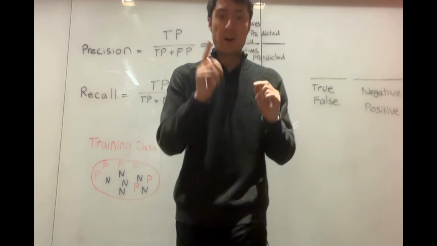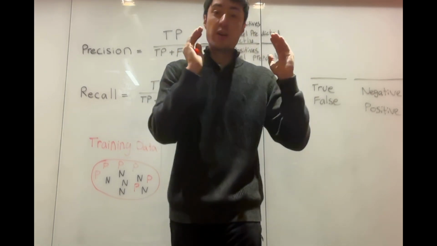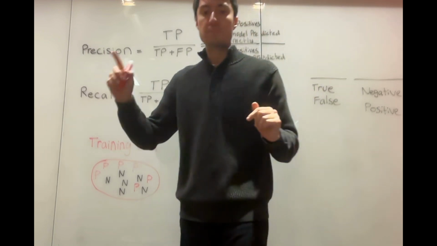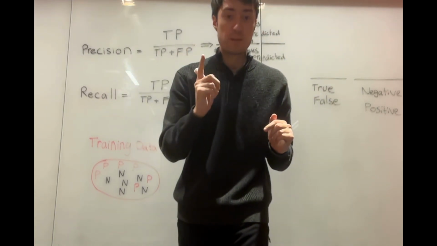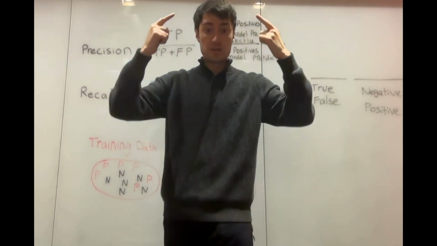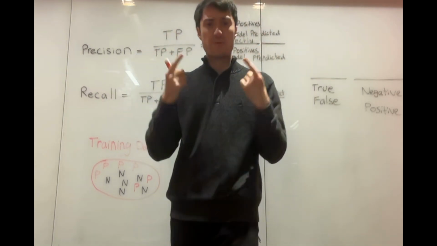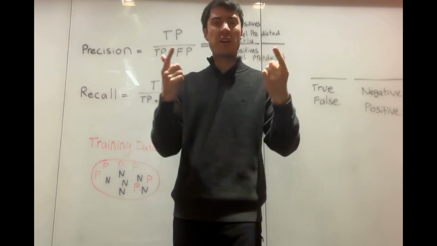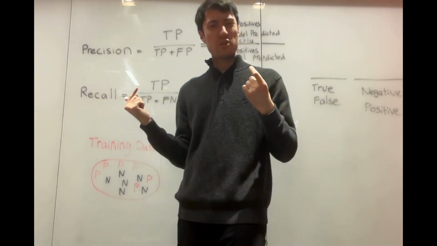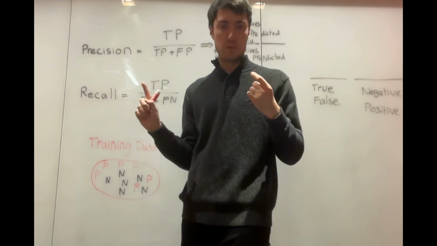Precision is out of how many that my model said had cancer. Recall is how many people actually had cancer. So now let's go through this and think about which scenarios precision would be useful for and which scenarios recall would be useful for.